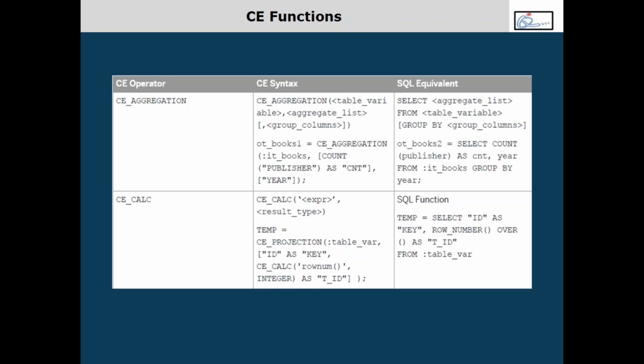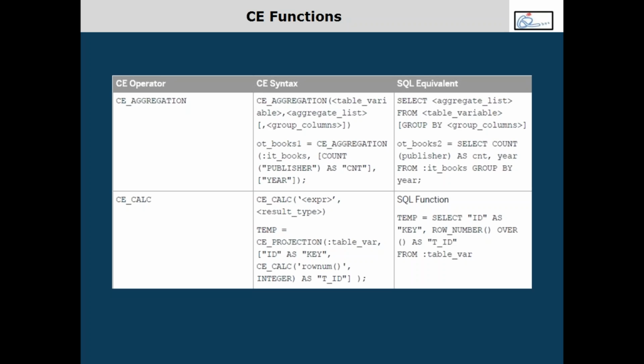Say I have a lot of records of the same sort, and I would like to aggregate these records with some aggregation function, then I can go with CE underscore aggregation. So CE underscore aggregation will be used when you want to aggregate your records by using some group by and some aggregation function like sum, min, max, count, all this.